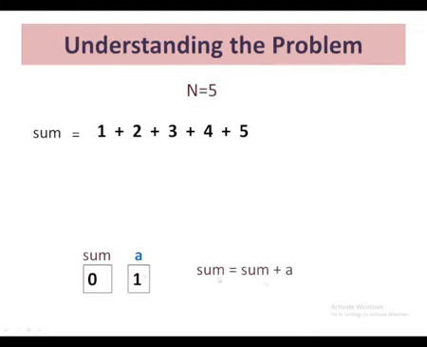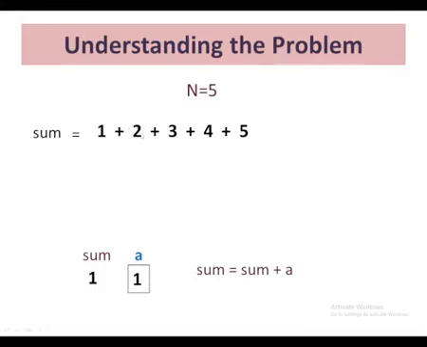Next, we will do sum equal to sum plus A. Initially sum is 0 and now the value of A is pointing to the first value. So 0 plus 1, you will have 1. That will be stored in sum. So sum becomes 1. Next, we will make use of the same variable to refer to the next value.